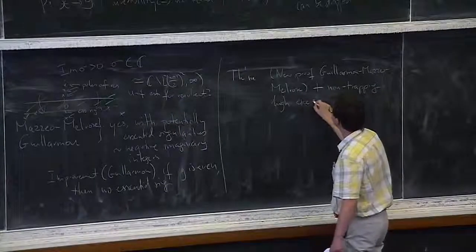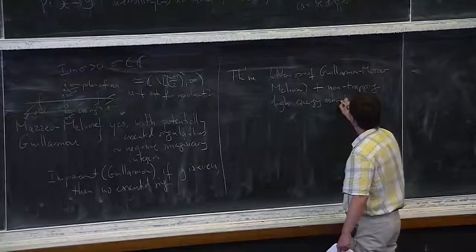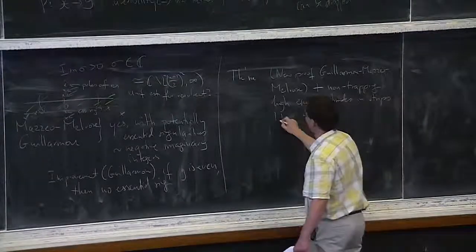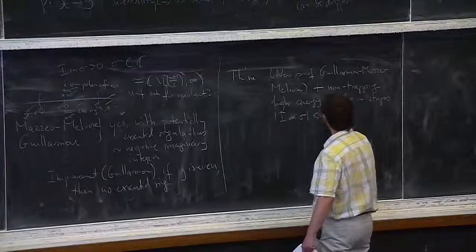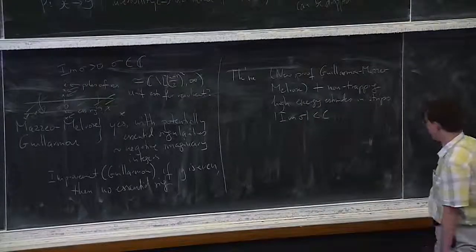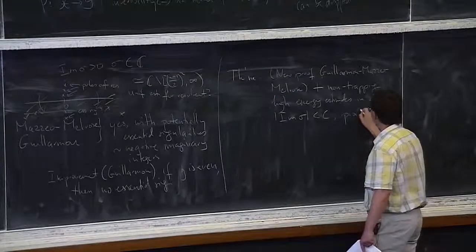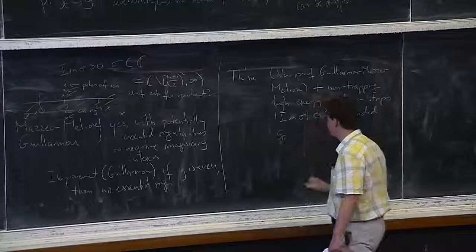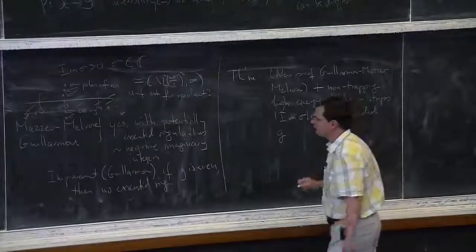High energy estimates in strips. I'm just going to write like this, in sigma less than a constant, provided the asymptotically hyperbolic metric g is non-trapping. Let me just be clear here.